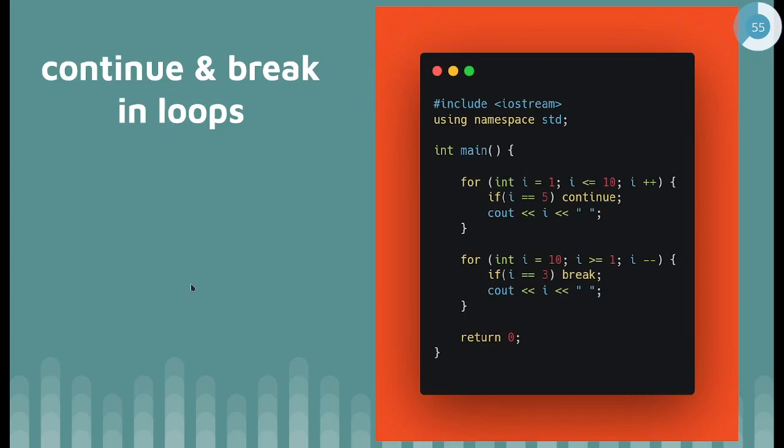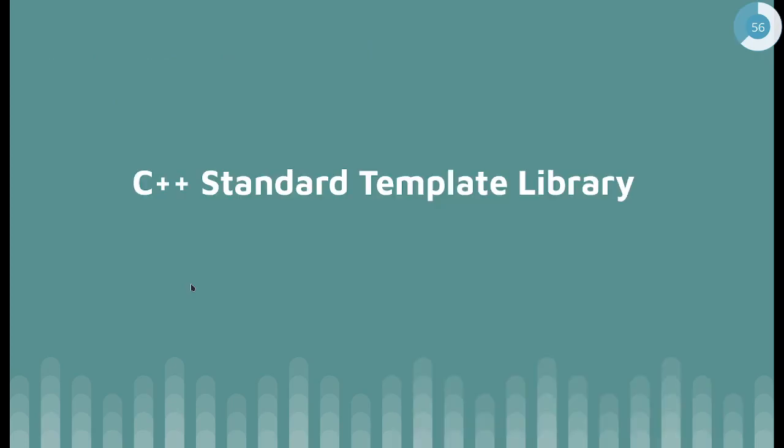Okay, since we have time, we can start with the standard library. I think the main difference between C and C++ in practical usage in competitive programming is that C++ has the standard template library, which is a library of pre-written functions, data structures and algorithms that you can use directly without writing them.